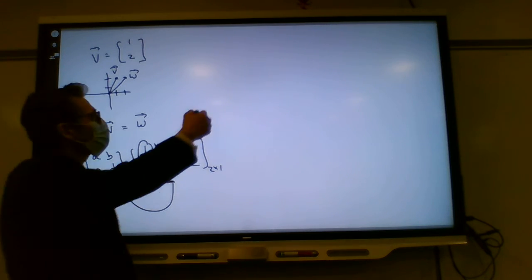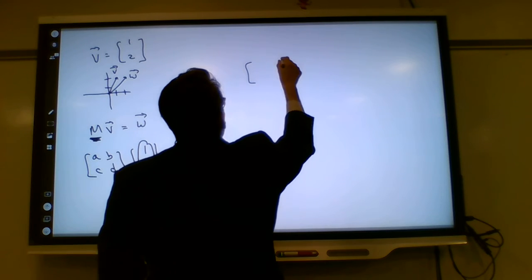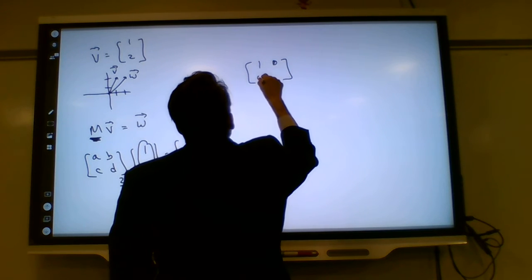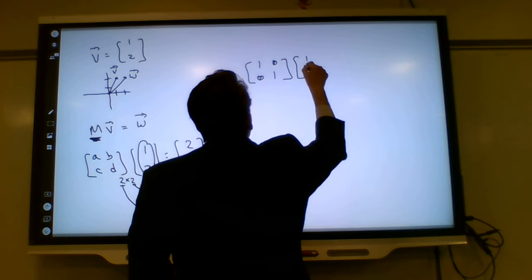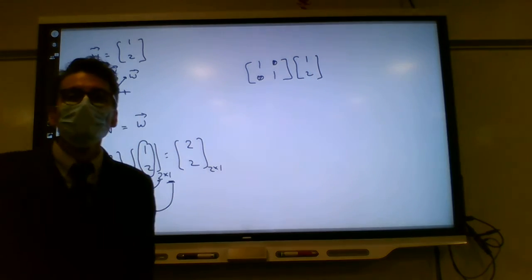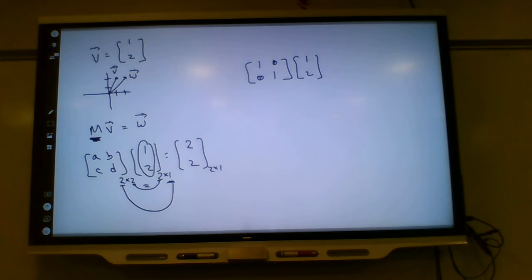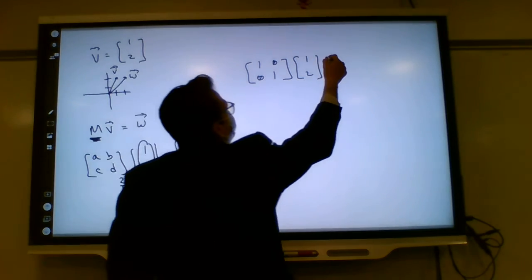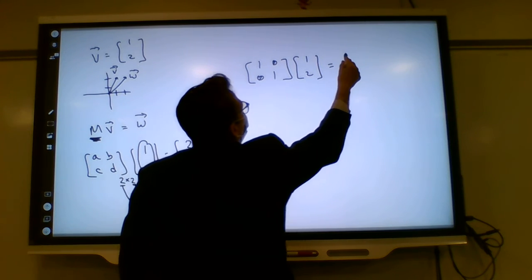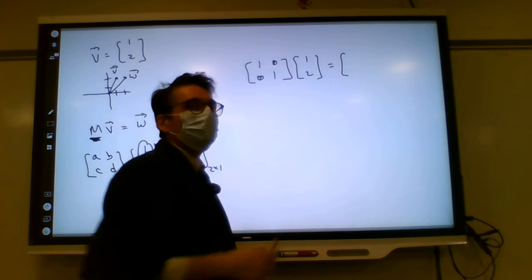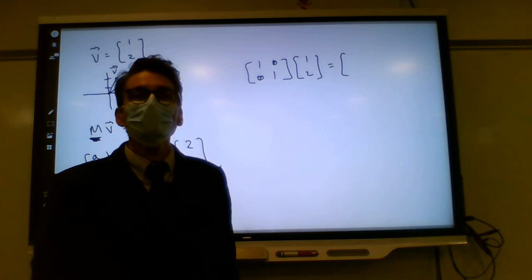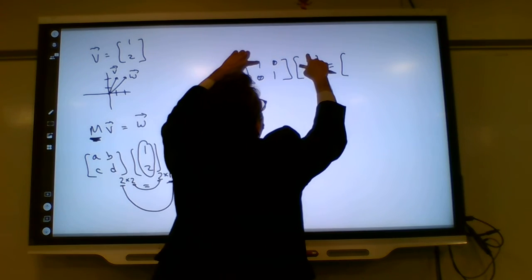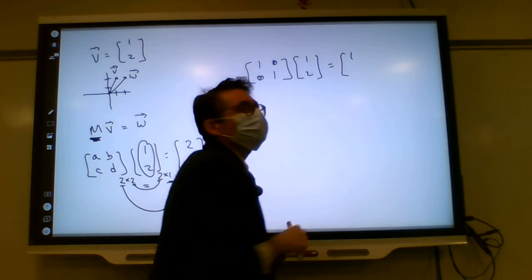So let's see what some options are. What happens if we put 1s like that? If we put ones like this, first row dot that gives us what? First row gives 1 plus 0, which is 1.